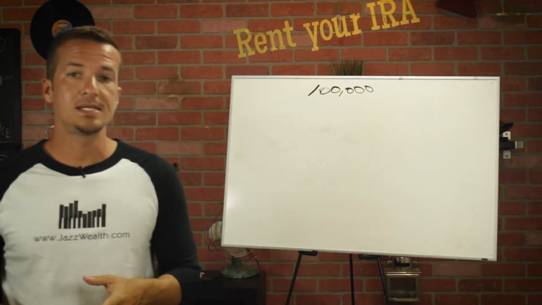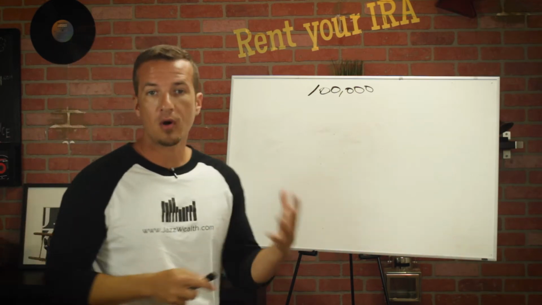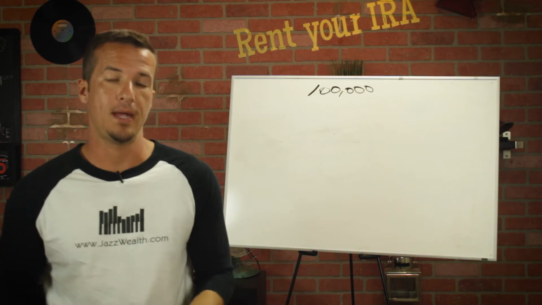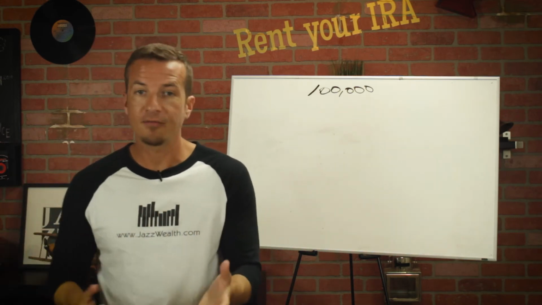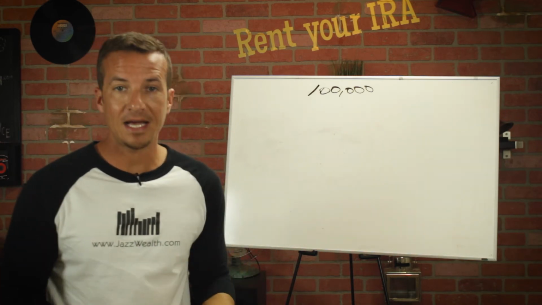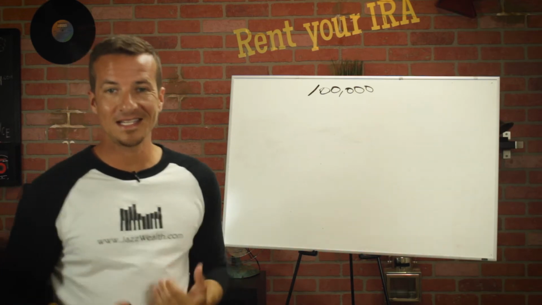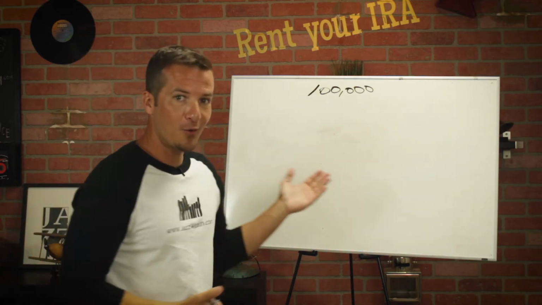Now, to keep this easy, we're gonna assume that you have 4 investments inside of that IRA, Roth IRA, whatever it may be. Now, I don't know if you should have more or if you should have less, right? Each person's a little bit different, but for the sake of math, to keep this easy for me, I know what 4 divided by 100,000 is, and we're gonna work with that.